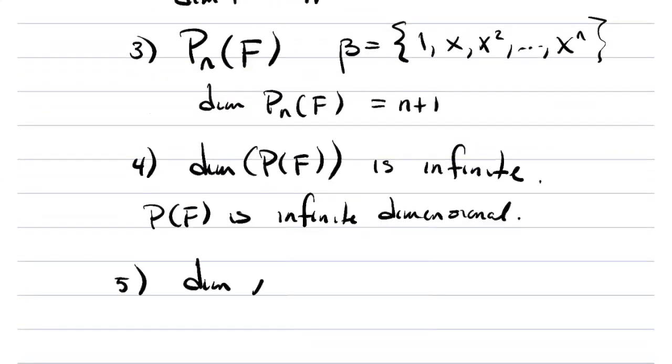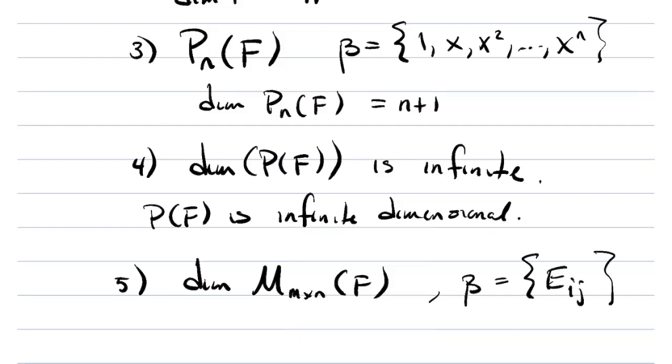What's the dimension of our m by n matrices with entries in F? You remember that basis beta? I'm going to be brief here and say it was the set of all E_ij, the elementary matrices. Maybe you remember that i, the row subscript, can be any number between 1 and m, and j can be any number between 1 and n.